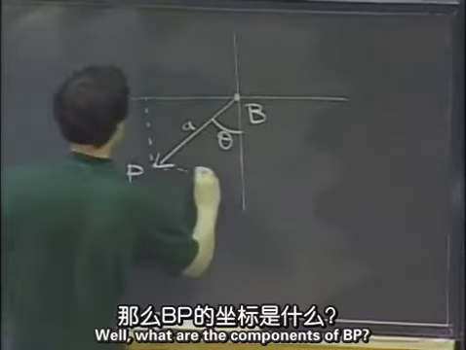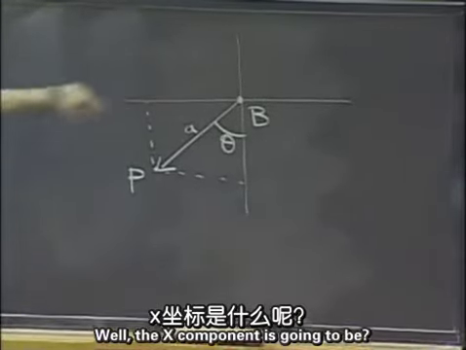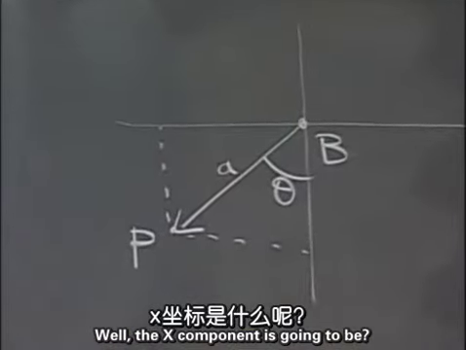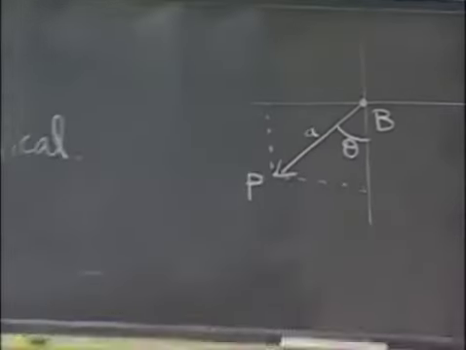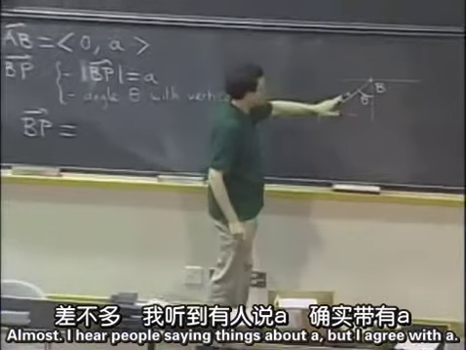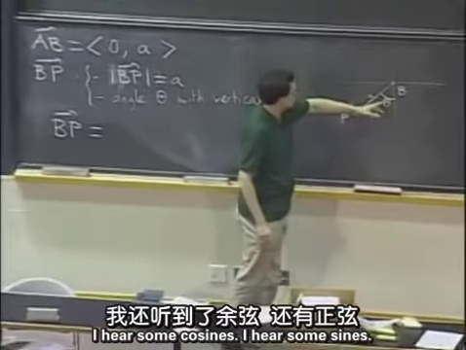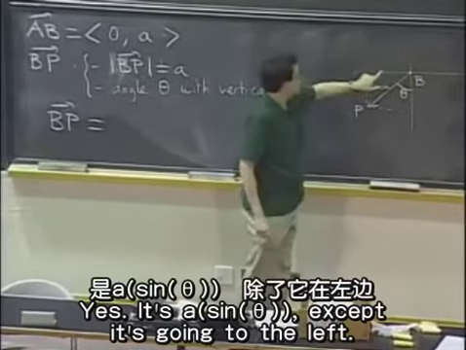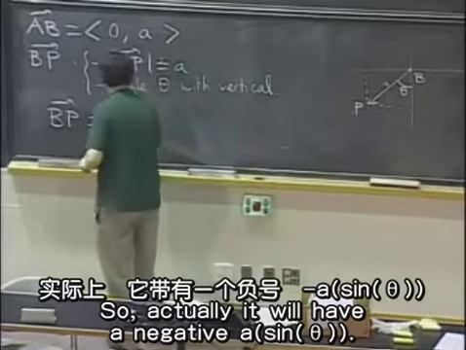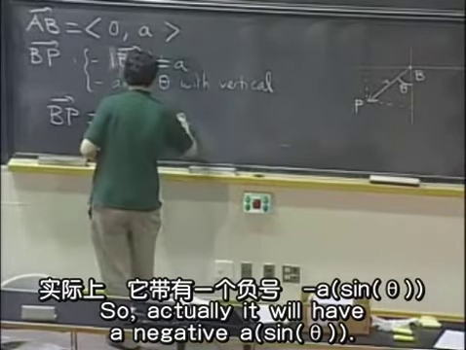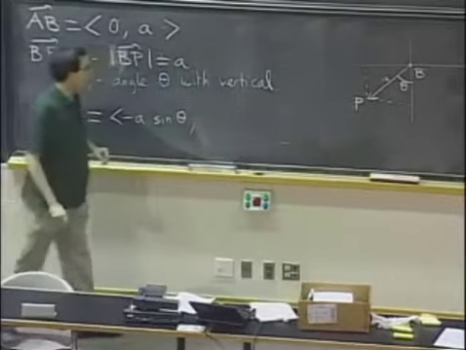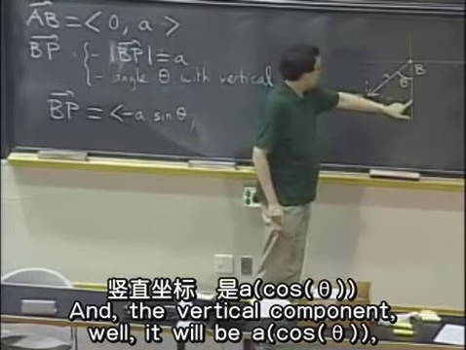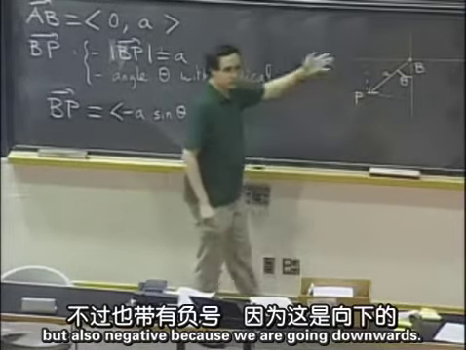Well, what are the components of BP? Well, the x component is going to be, almost. I hear some cosines, I hear some sines. I think it's actually the sine. Yes, it's A sine theta, except it's going to the left, so actually it will have a negative A sine theta. Okay? And the vertical component, well, it will be A cosine theta, but also negative because we are going downwards.